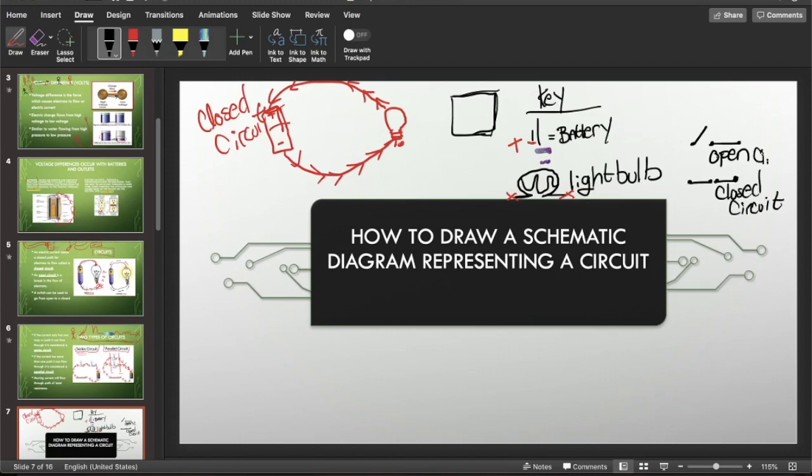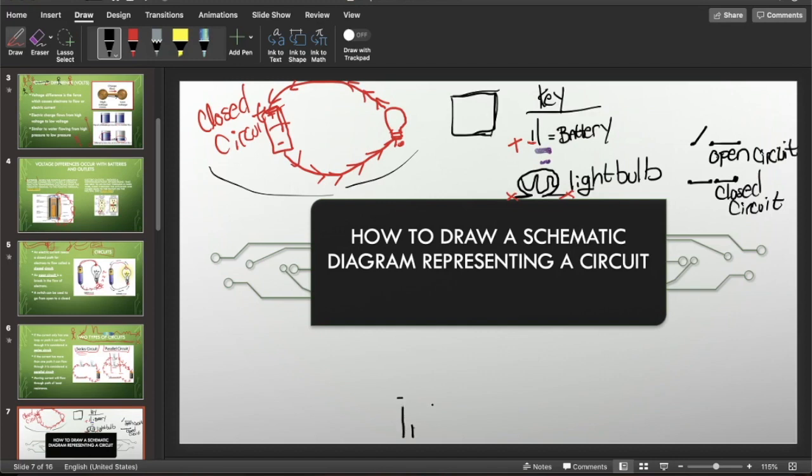And there are a few other things that we can add into this diagram, but here are the basic ones. So essentially, all you need to do to draw your diagram of this closed circuit is that first we're going to start out with drawing the battery. So we will have our big line and our little line.